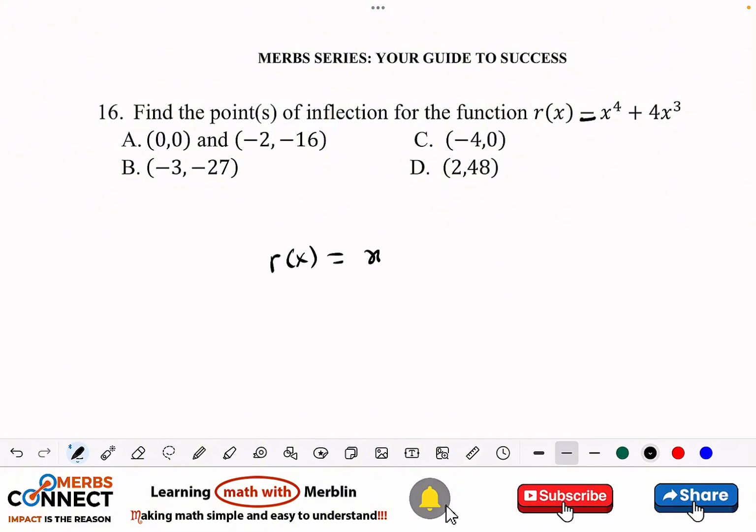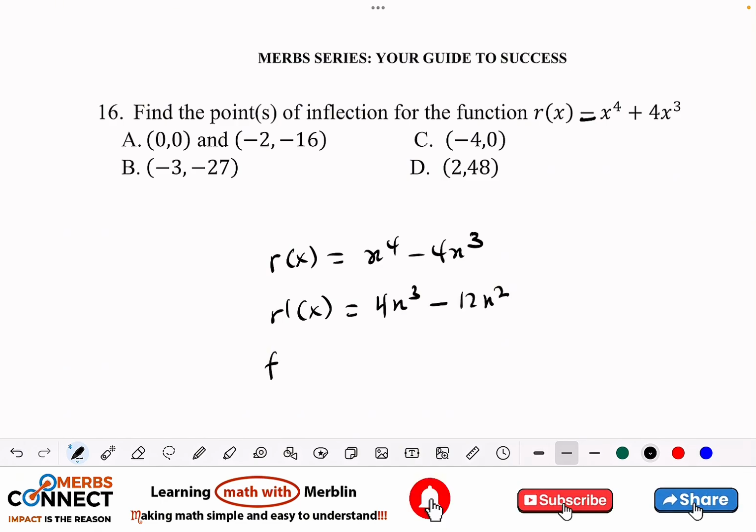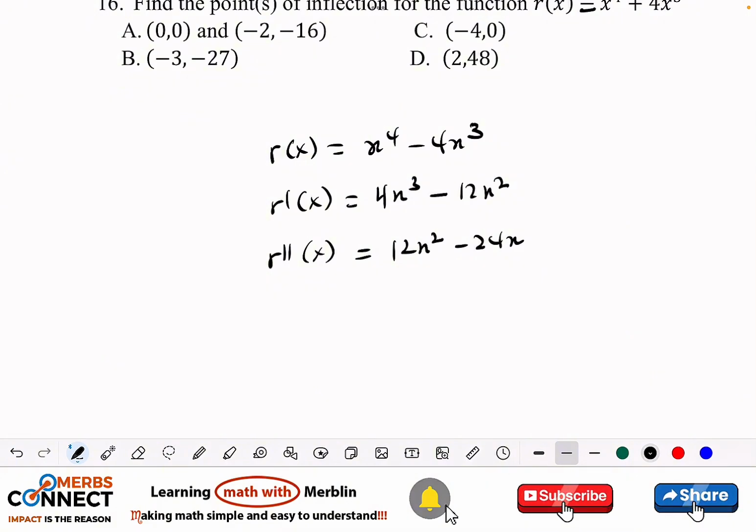Since r is x to the power 4 minus 4x to the power 3, r prime is going to give us 4x to the power 3 minus 12x squared. Let's look for r prime prime of x, and this is going to be 12x squared minus 24x. So for point of inflection, r prime prime of x should be equal to 0.